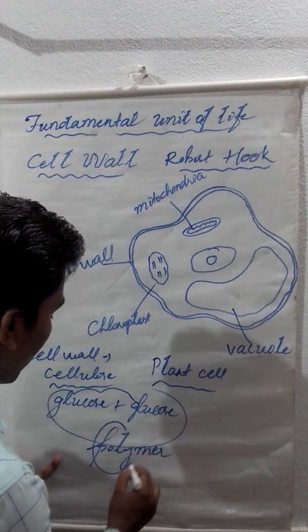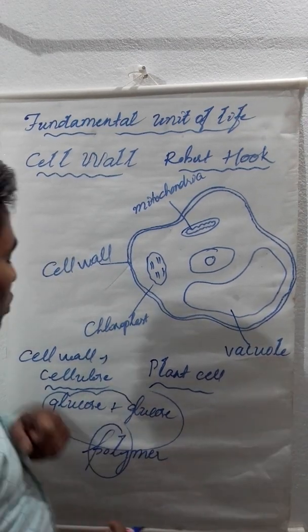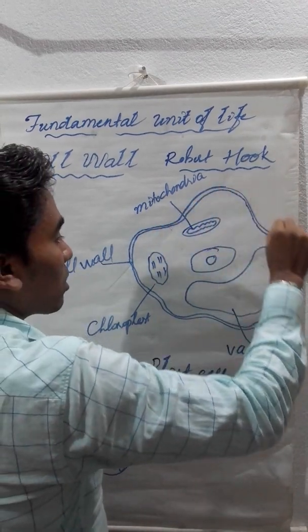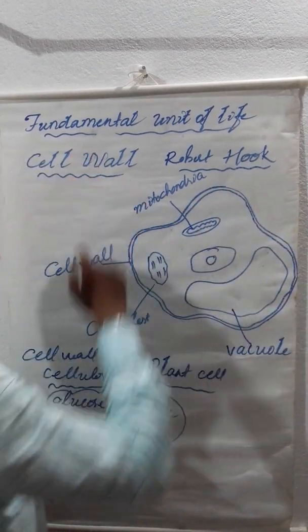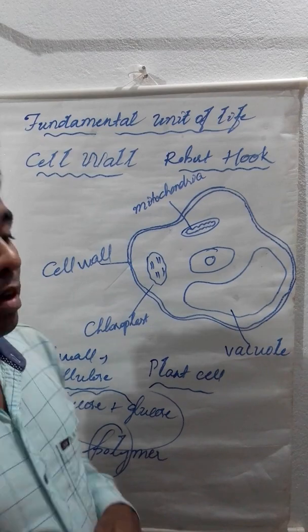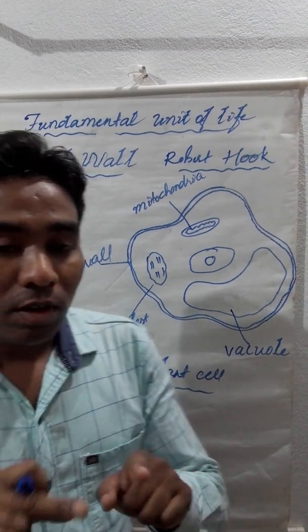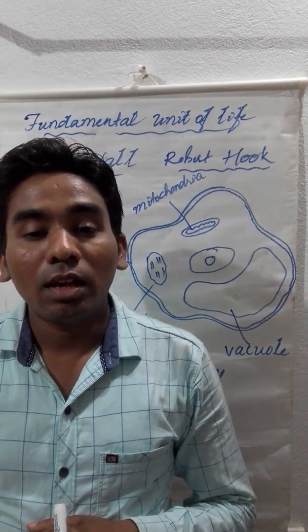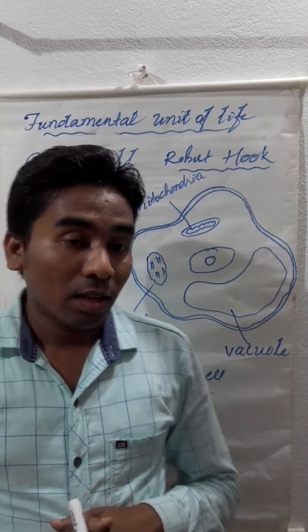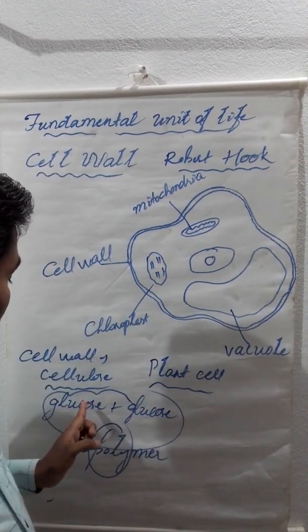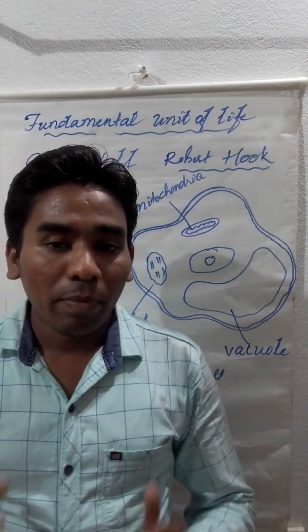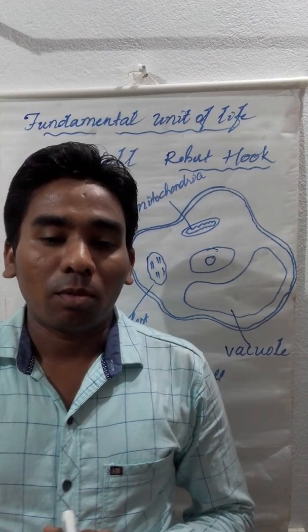Poly means many. So many glucose particles are combining to form the cell wall. But in the animal cell, the outer covering is made up of lipids and proteins. But this cell wall is the combination of the cellulose, and cellulose is the complex component of the carbohydrate.